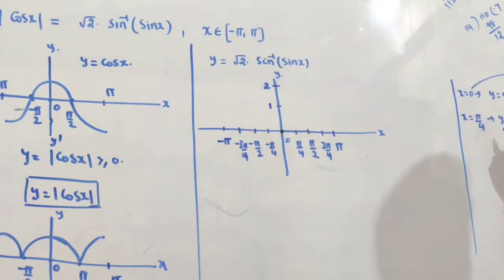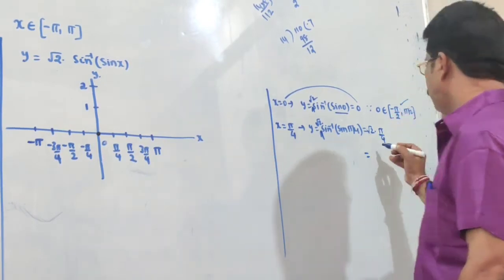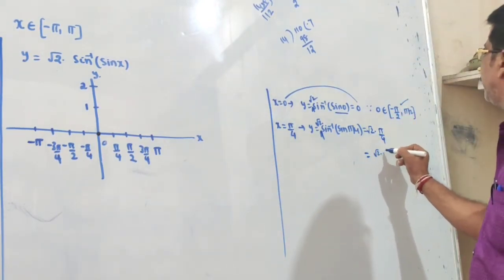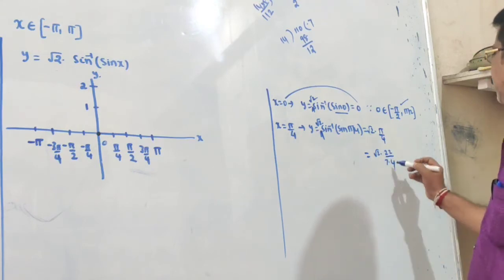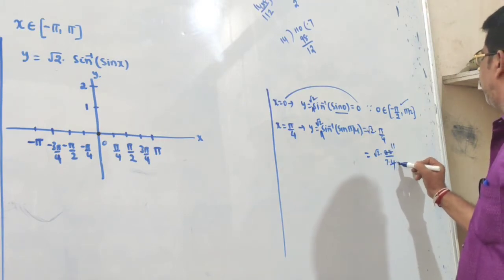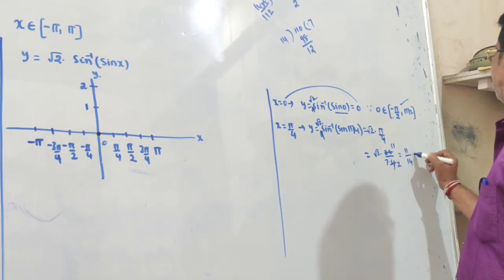So at x equal to pi by 4, y equal to root 2 into pi by 4, where pi is 22 by 7 into 4, which means 11 by 14 into root 2.